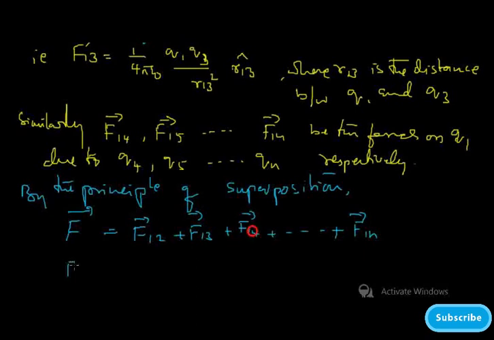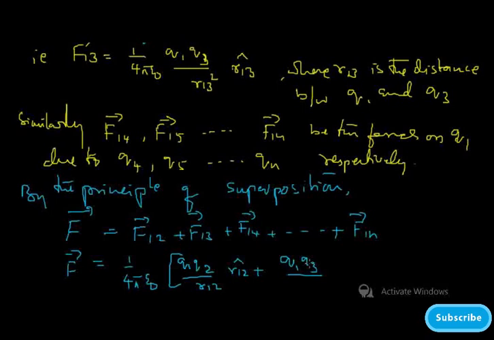So F vector is equal to 1 by 4 pi epsilon naught, which is common in all the forces acting on Q1. What remains is Q1 Q2 divided by R12 square into R12 cap, plus Q1 Q3 divided by R13 square into R13 cap, and so on.